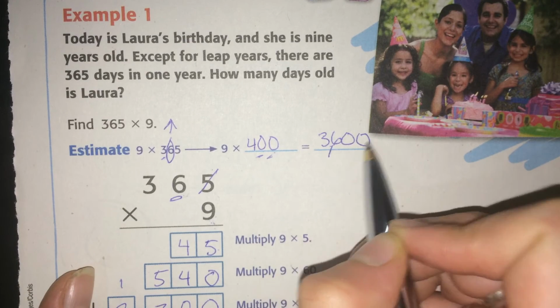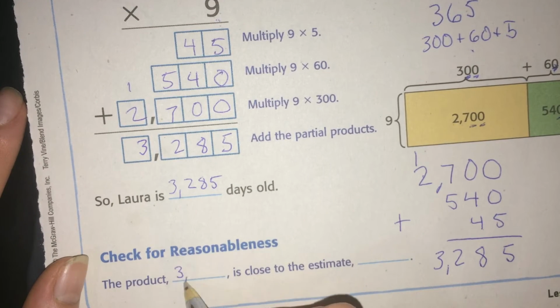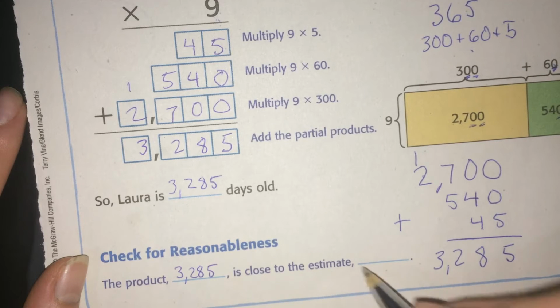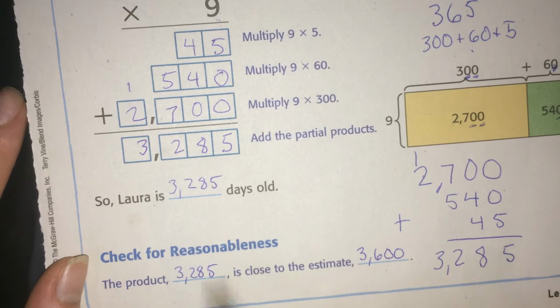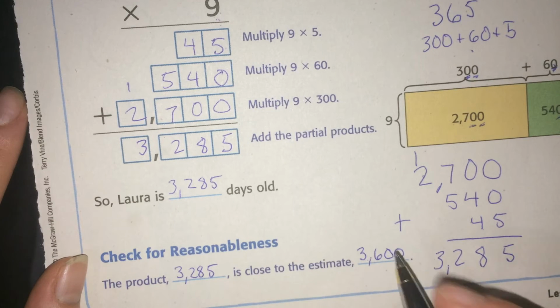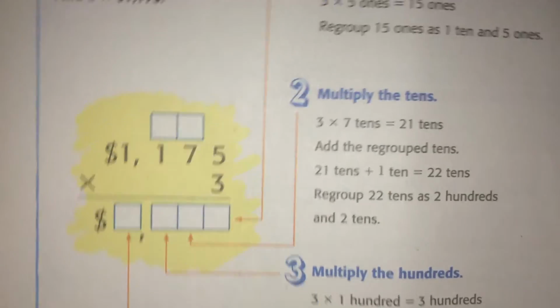Let's look again. Our estimate was 3,600. The product 3,285 is close to the estimate 3,600, because at least they have the same digit in the highest place value. Now let's turn it over.